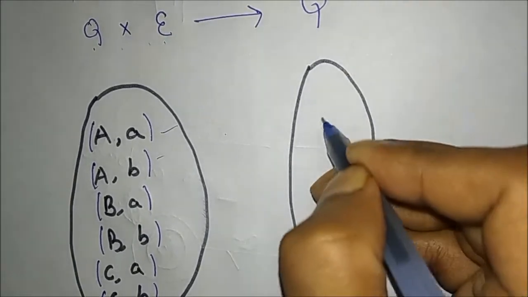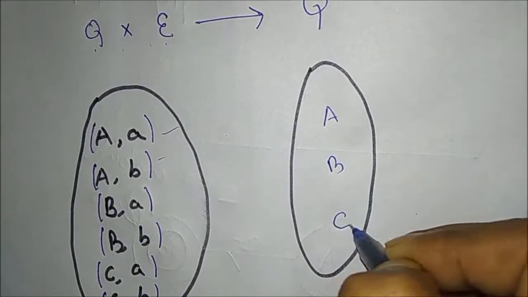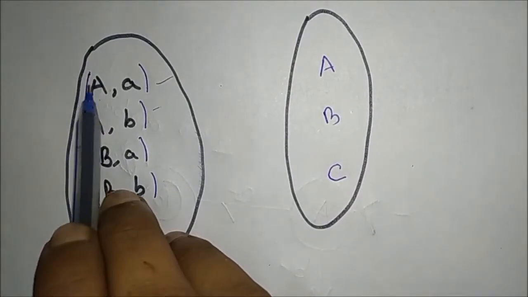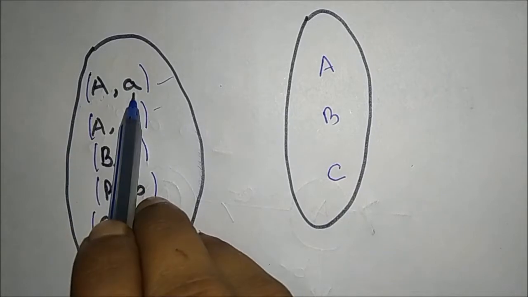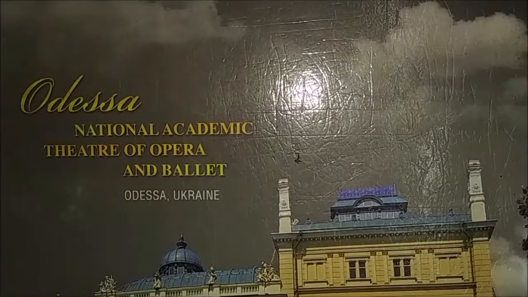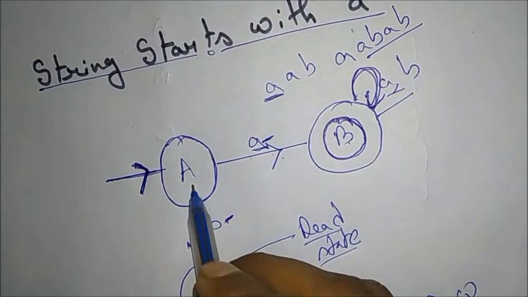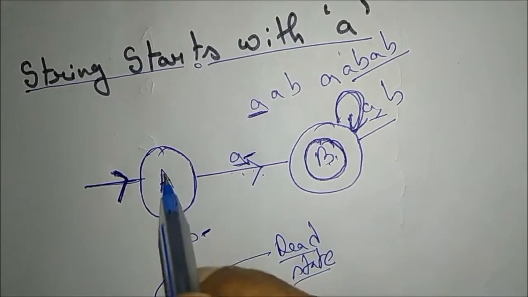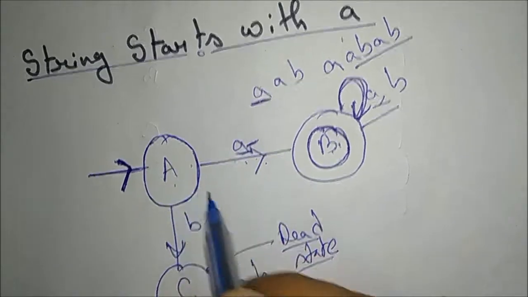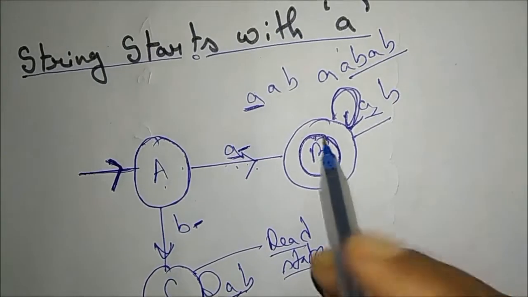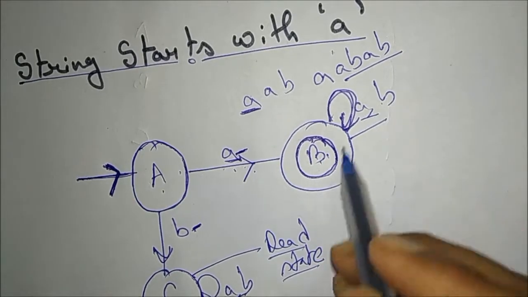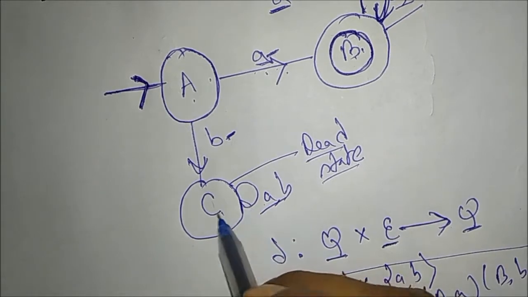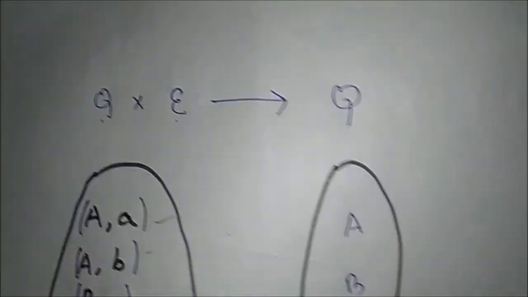Now in Q, how many states are there? 3 states: A, B, and C. In state A, after seeing input A, we go to state B. And in state A, after seeing B, we go to state C. Similarly, in state B, after seeing A and B, we go to state B only. Similarly, in C also, after seeing A and B, we go to state C only. So you have to map like this.